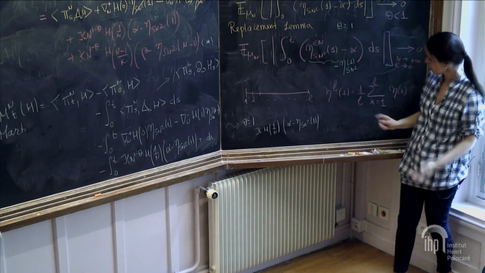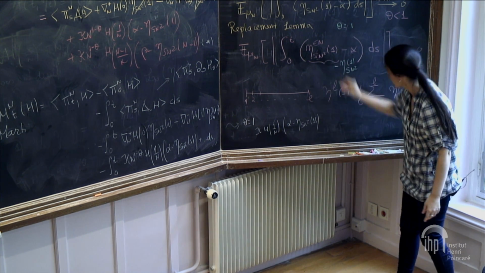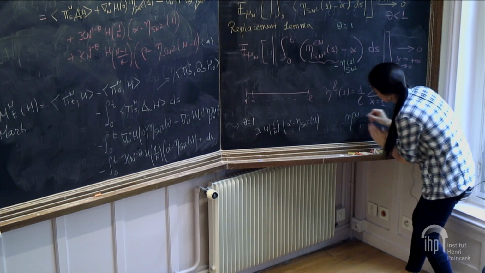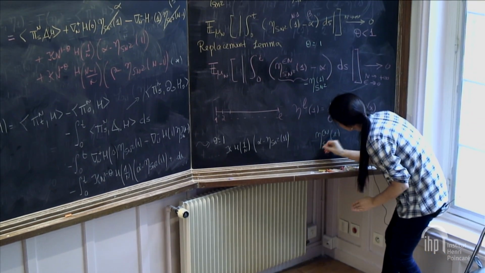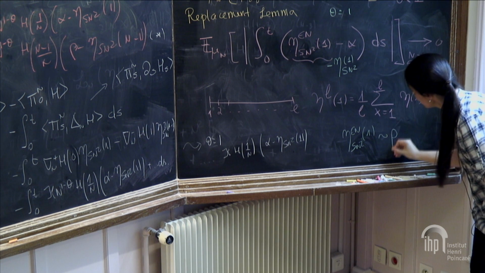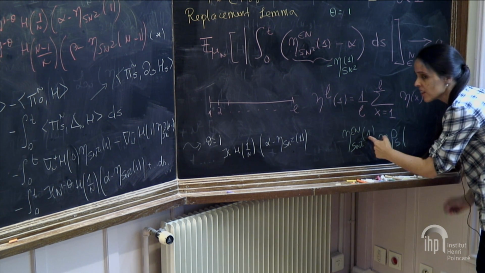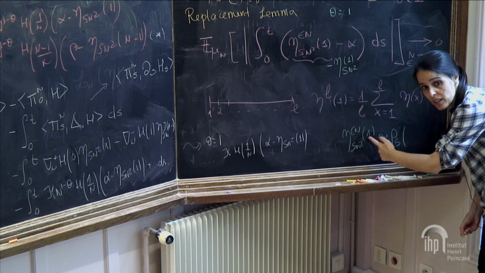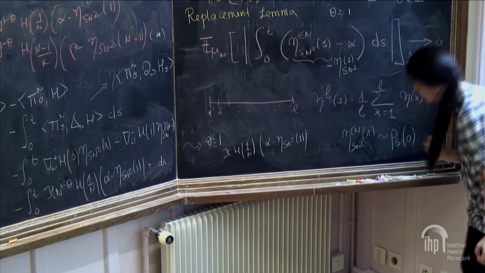So if you believe, this eta epsilon n 1, and here is a time, is close, in some sense, to the rho S and at the corresponding macroscopic point. So this is a point in the bulk, 1, and macroscopically it corresponds to the point 0.